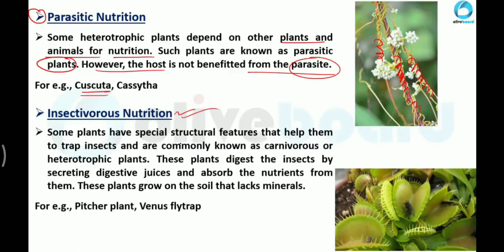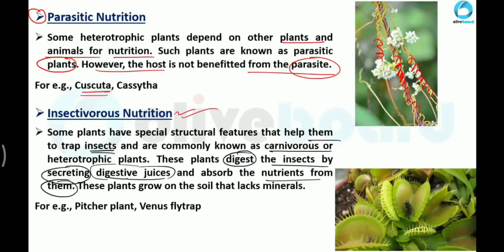Now the insectivorous mode of nutrition. Some plants have special structural features that help them trap insects, and are commonly known as carnivorous or heterotrophic plants. These plants digest the insects by secreting digestive juice or digestive enzymes and absorb the nutrients from them.